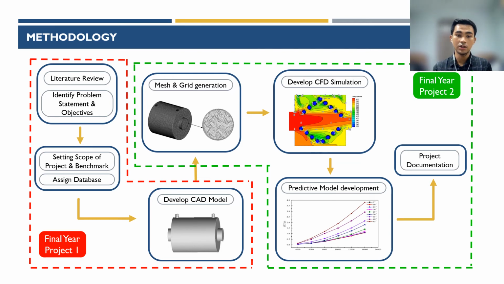In FYP2, I will continue to generate the meshing and grid from the CAD model. After I get a valid meshing result, I will continue to develop the CFD simulation. Then comes the crucial part, which is to compare the results and do the predictive model development. And lastly, I will finish up the project and proceed to the project documentation.